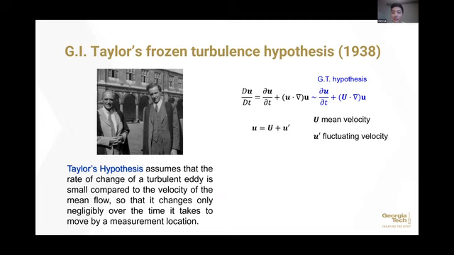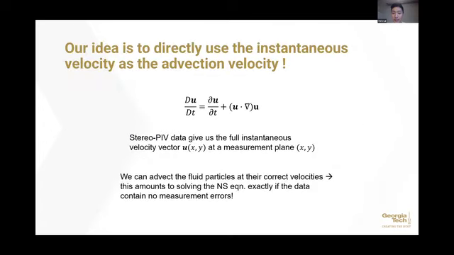But the improvement here is that in G.I. Taylor's work, he said that the advection velocity of the turbulent eddies is the mean flow. But we say that, no, we just use the full velocity to advect the flow. And this is how we achieve a great accuracy of the reconstruction.